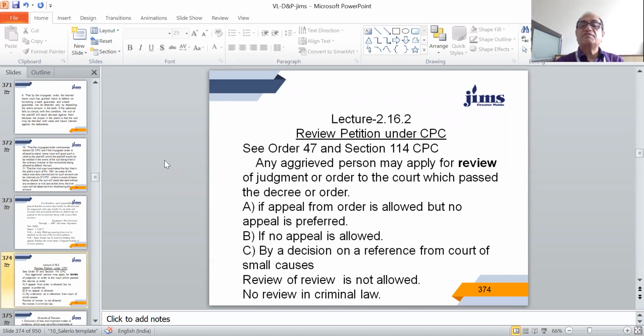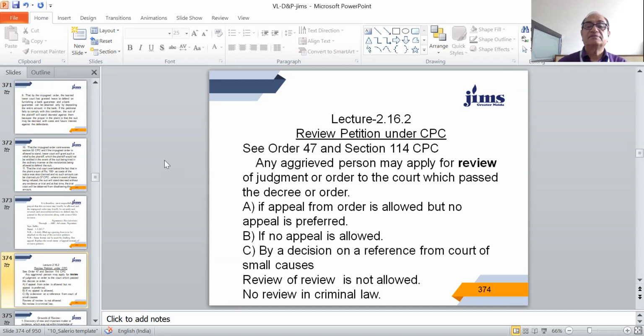Any aggrieved party may apply for review of a judgment or order to the court which passed the decree or order. So the first and foremost condition is that the review application has to be drafted for that court who had passed the order against which you are going to file review, or before the same court who has passed the judgment against you.